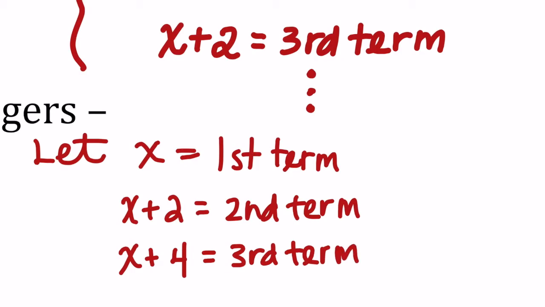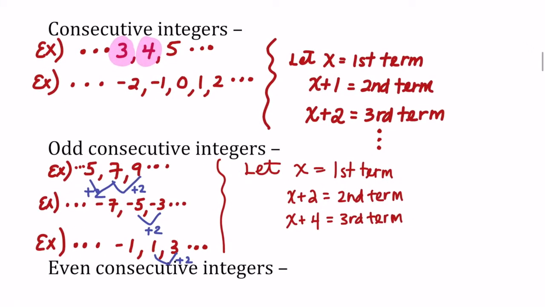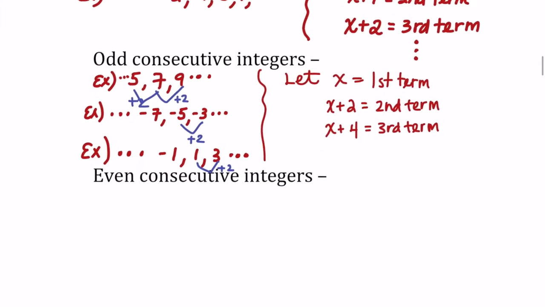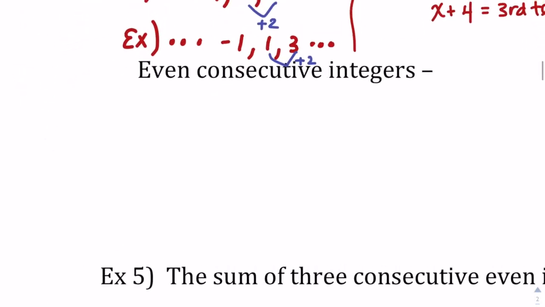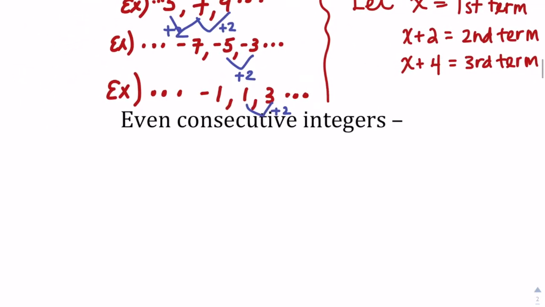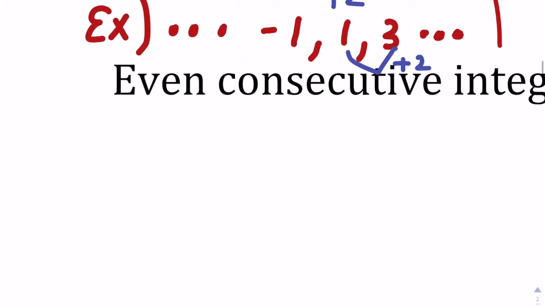Okay. Now, because of that, we just talked about odd, we're going to talk about the evens. And the evens, you're going to take a look and think about, again, the gaps in between. So let's see.